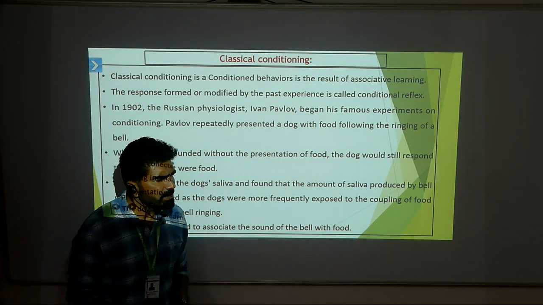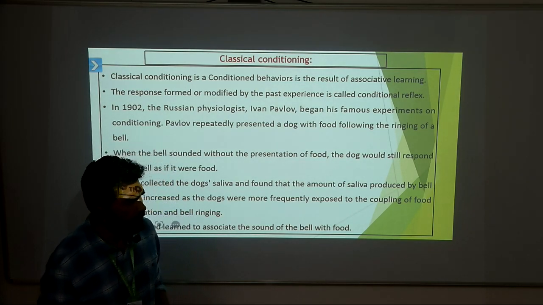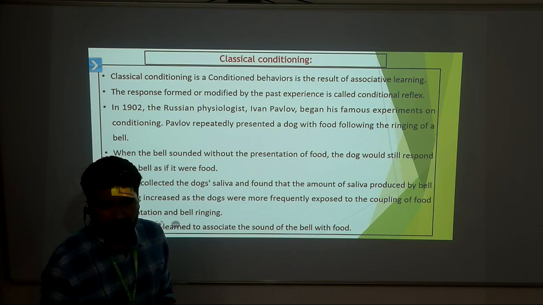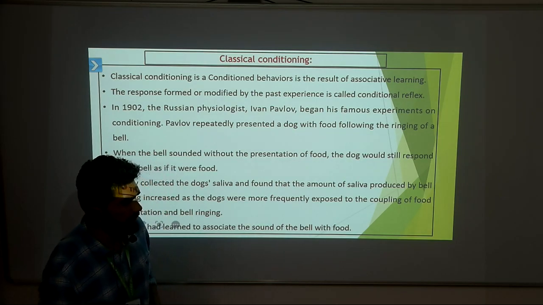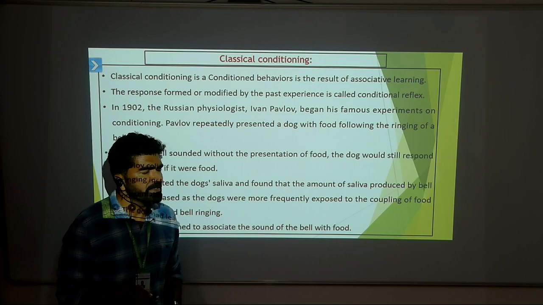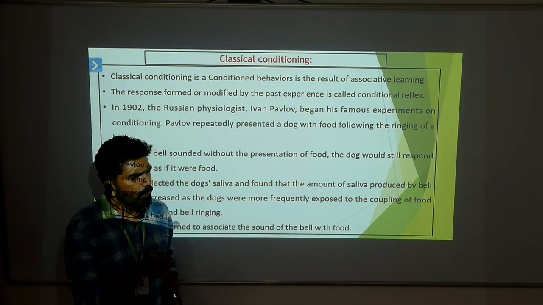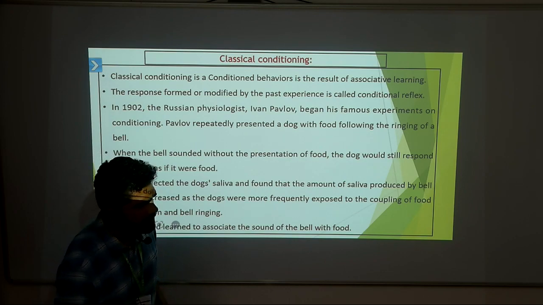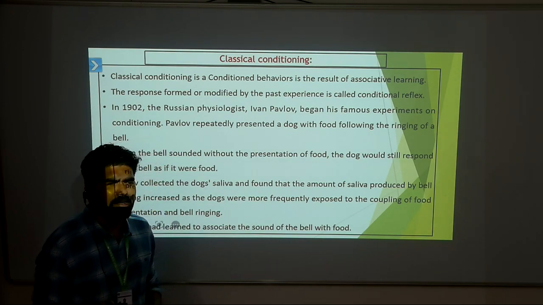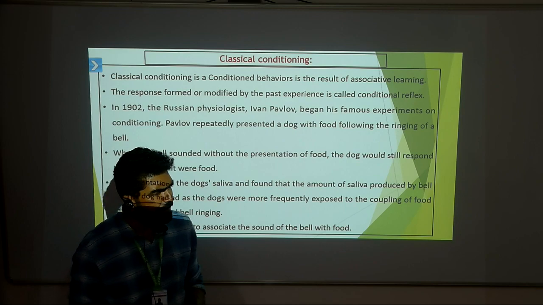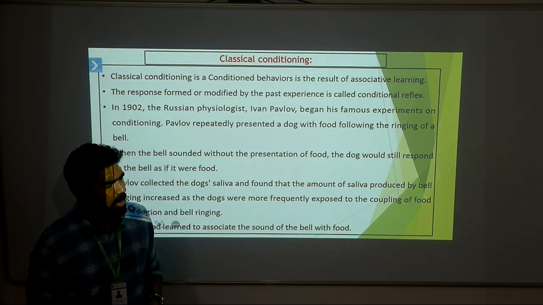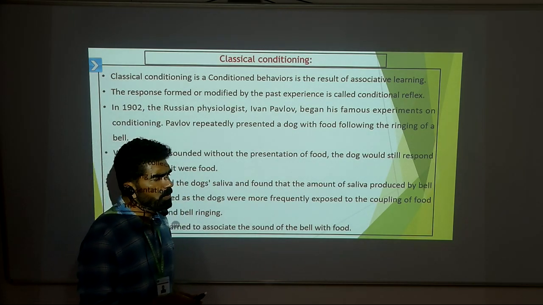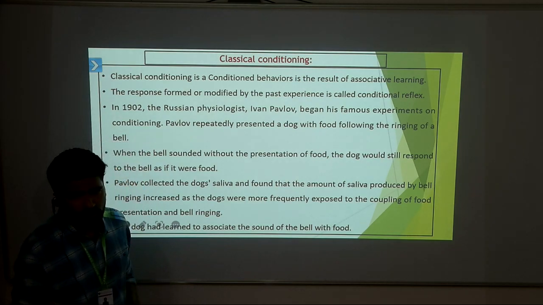In 1902, a Russian physiologist, Ivan Pavlov, did a very famous experiment with a dog, giving food following the ring of a bell. When the bell sounded, even without the food, the dog would still respond to the bell.